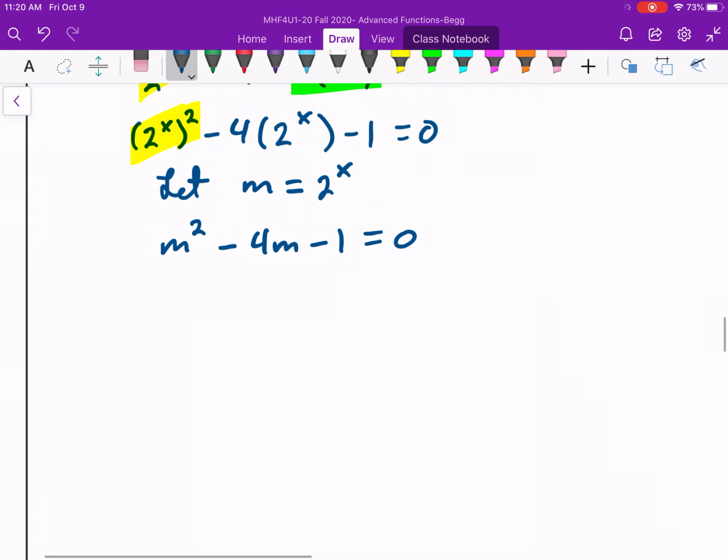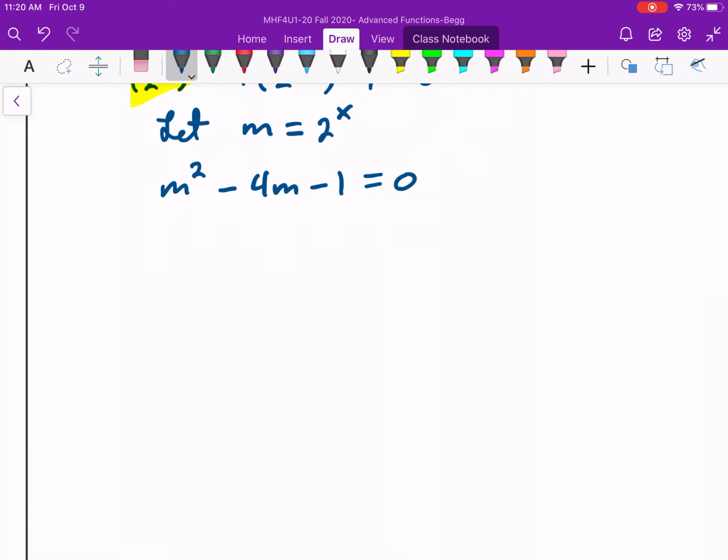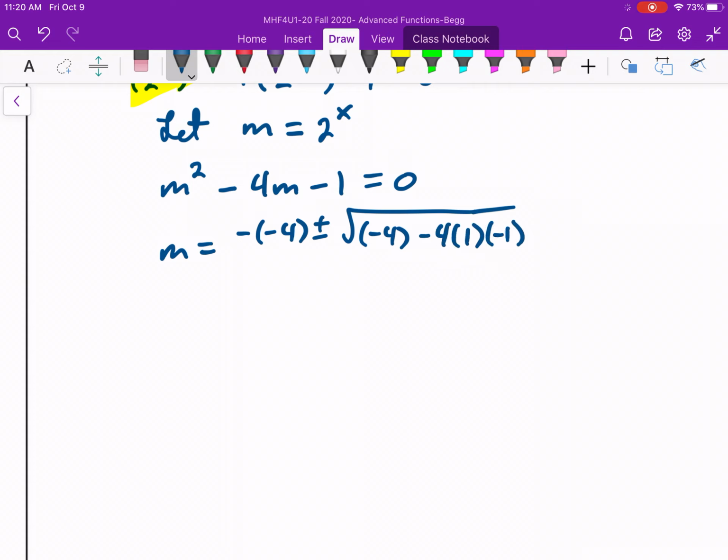The only problem is that, of course, there's nothing that nicely multiplies to give negative 1 and adds to give negative 4. So we're going to have to go with the quadratic formula in this case. But that's all right. We can handle that. So using the quadratic formula, negative b plus or minus the square root of b squared minus 4 times a times c all over 2a.